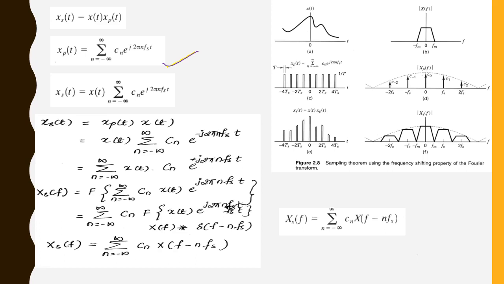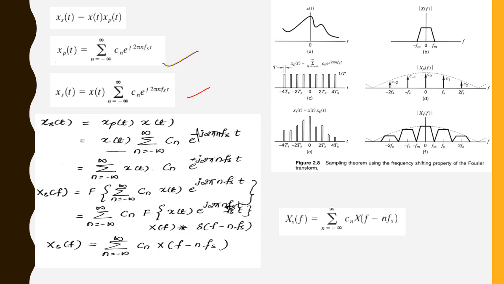So now we have the sampled output, which is basically given as x(t) into summation n equal to minus infinity to plus infinity C_n e^(j2πnf_s t). Considering that, I can take this x(t) term inside the summation, which will be x(t) C_n e^(j2πnf_s t).